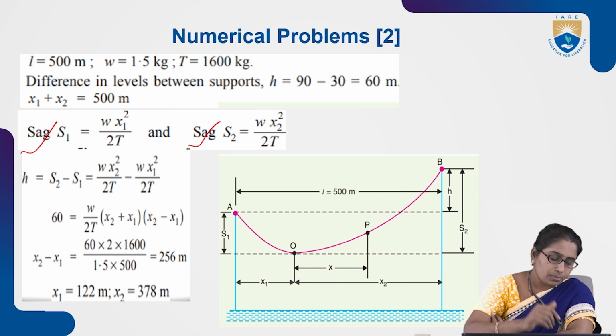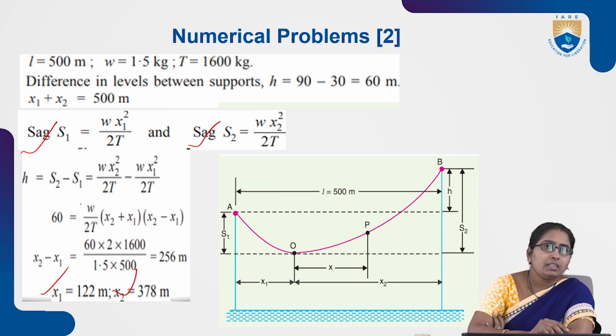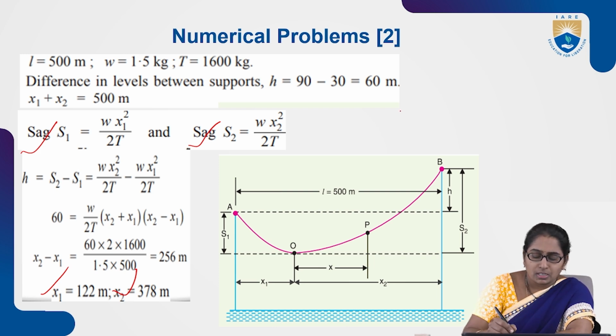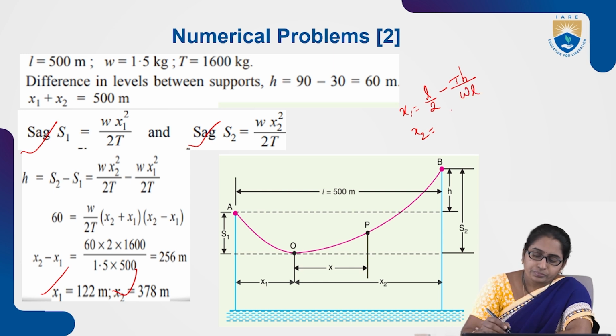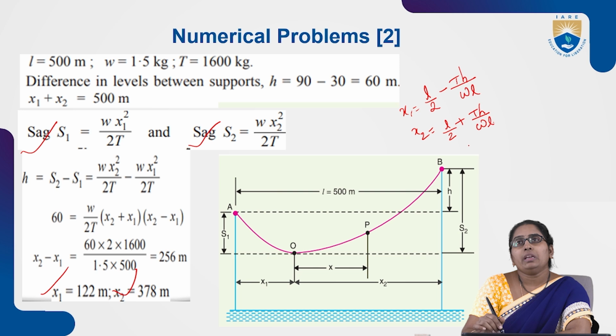We have the formulas for x1 and x2 directly, which we already derived in the concept. x1 is L by 2 minus T h by W L. All the data is given. To calculate x2, it is L by 2 plus T h by W L. That is how x2 can be calculated.